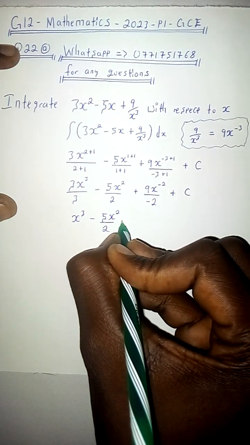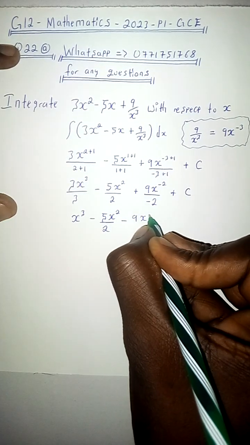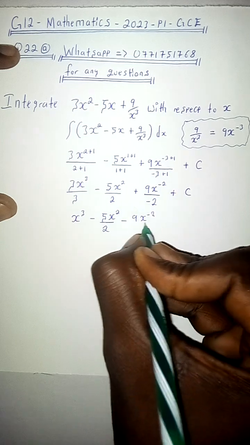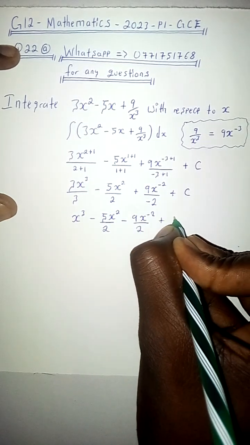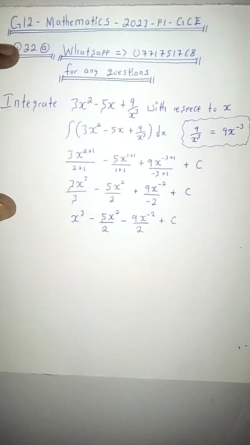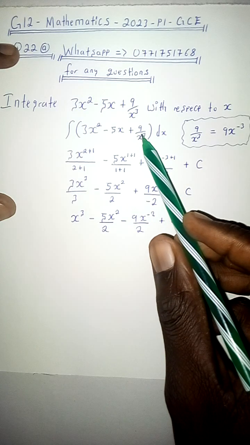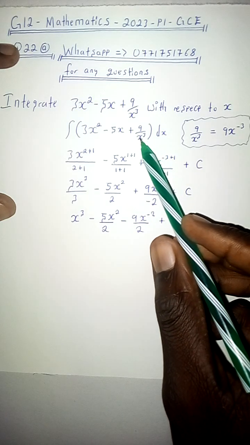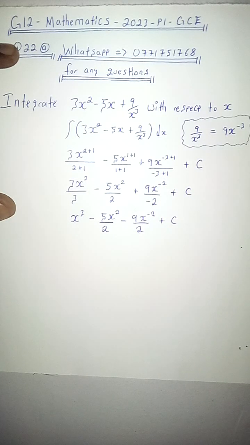Therefore, we are going to have negative 9x raised to the power negative 2 over 2 plus c. Okay, then we are going to take this part into the initial form. As you can see here, our x was down, so we can take it down there.